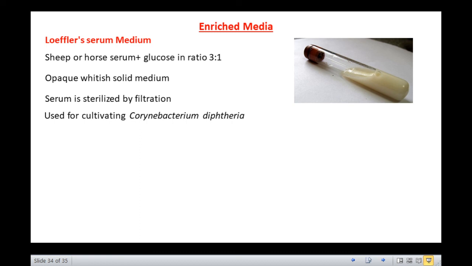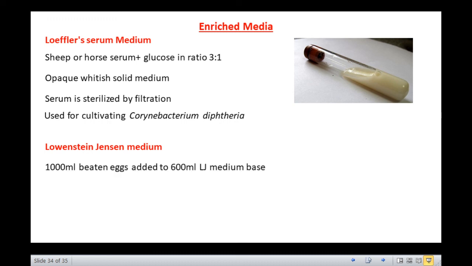Yet another example of enriched medium is Lowenstein-Jensen's medium. This medium is enriched by the addition of eggs. 1000 ml beaten eggs are added to 600 ml of Lowenstein-Jensen's medium base, which mainly is made up of monopotassium phosphate, magnesium sulfate and L-asparagine.